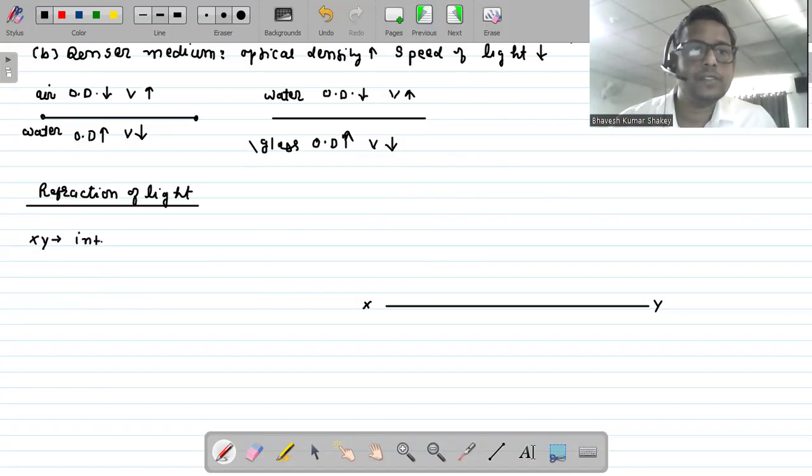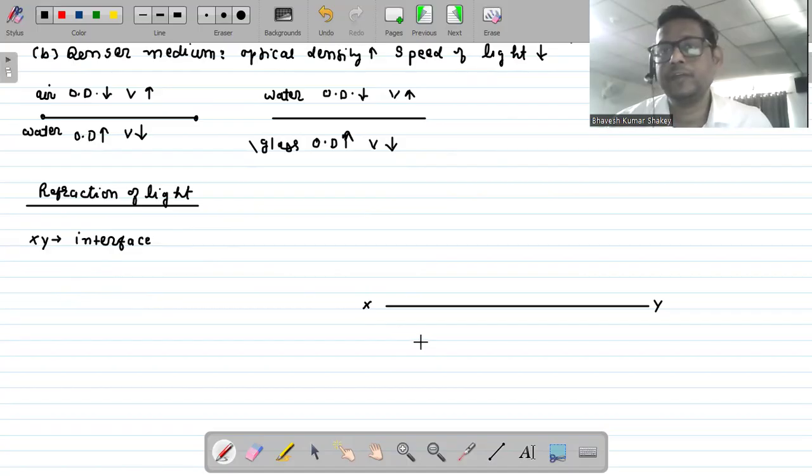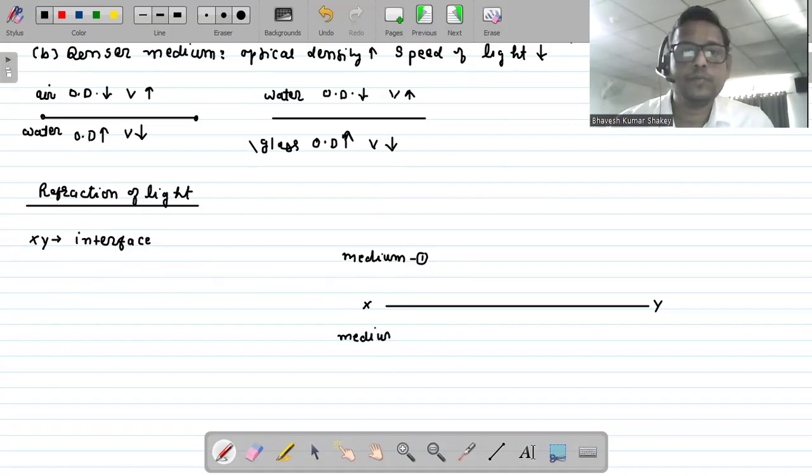And what is an interface? I just defined it: an interface is a surface which separates the two media. Let's say here is medium one, and this one is medium two. So this surface XY is separating two media, one and two, so this is called an interface.